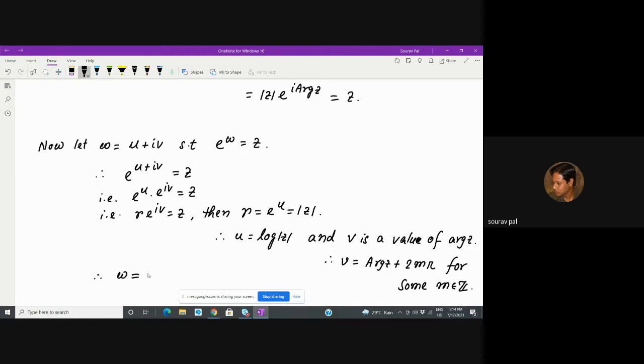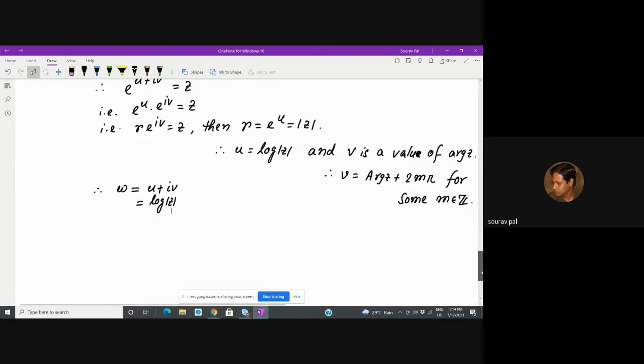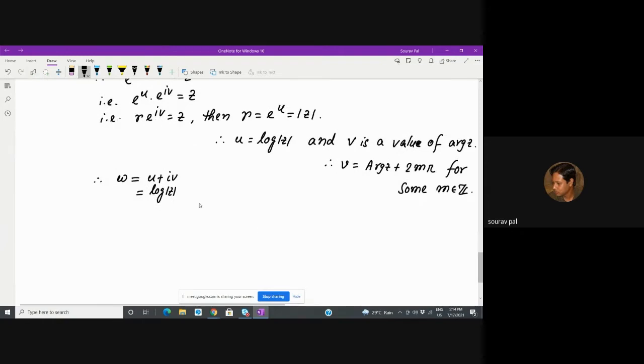So you just see how W looks. W is equal to u plus iv, which is log mod z, what we expected, plus i times the principal argument plus 2m pi for some integer m.